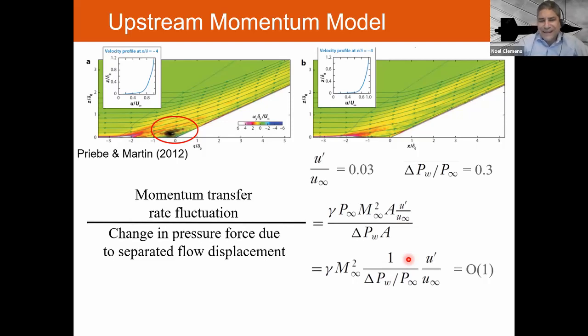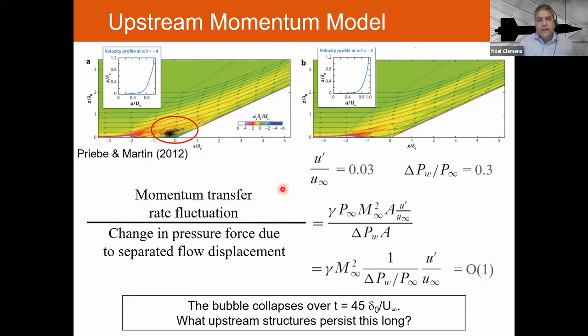It's just showing it is plausible that an upstream velocity fluctuation could collapse that bubble. Okay, I'm not saying it actually did that. In fact, it may not, but the point is that these fluctuations are dynamically important enough to do something.